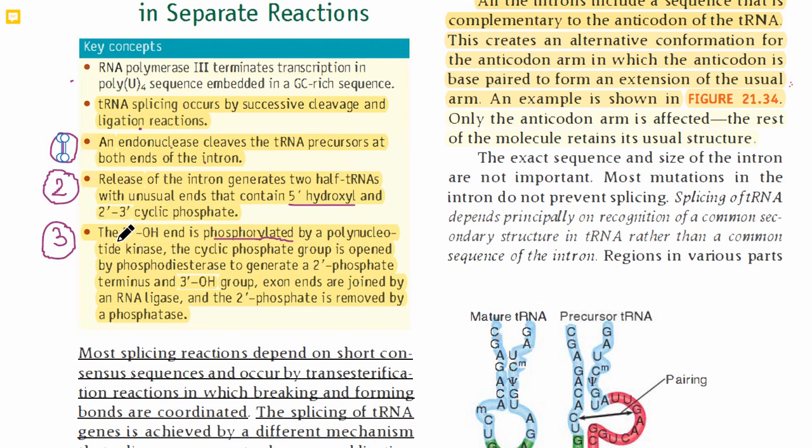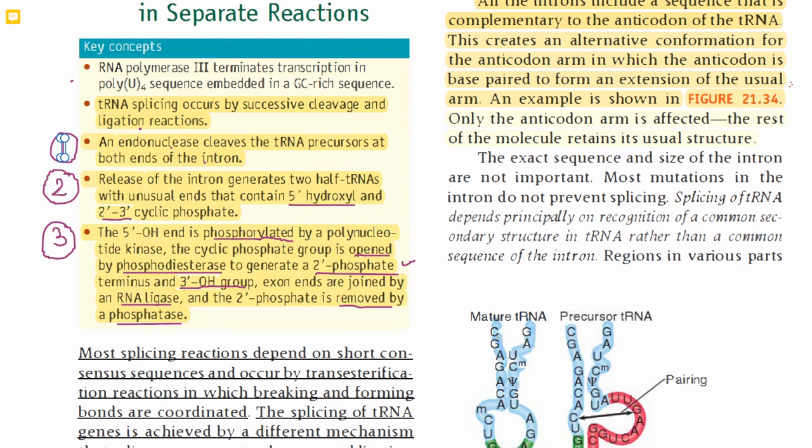And the 2' to 3' cyclic phosphate group is opened up by an enzyme known as phosphodiesterase, as a result of which a 2' phosphate group and a 3' OH group are formed. The 5' phosphate and the 3' OH are joined by RNA ligase, and the 2' phosphate which is formed is removed by phosphatase.